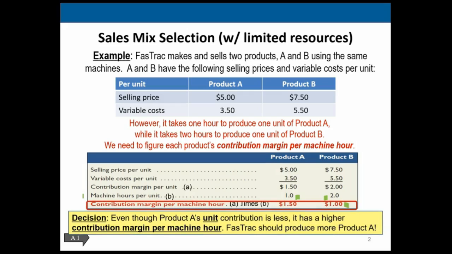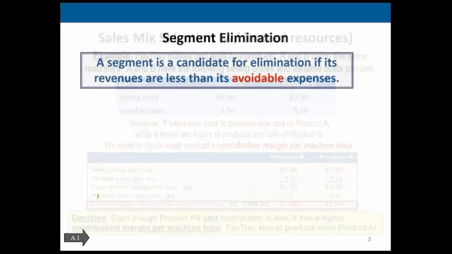So decision, even though product A's unit contribution is less, it has a higher contribution margin per machine hour. Fast Track should produce more of product A in this case.